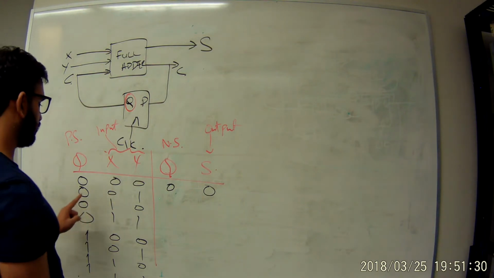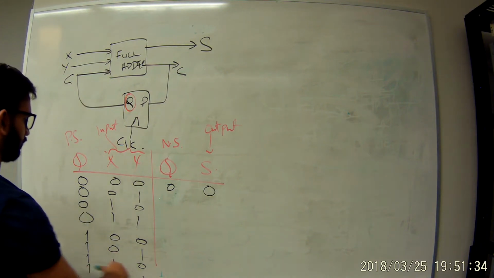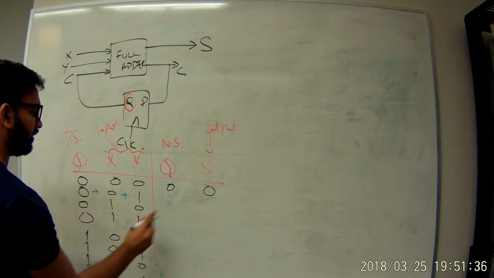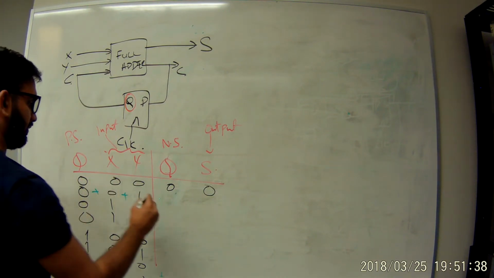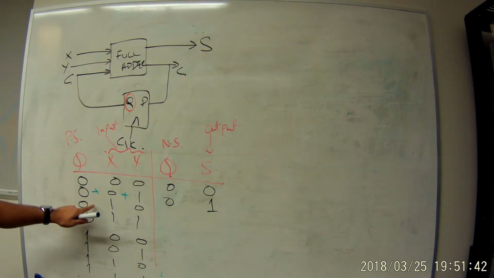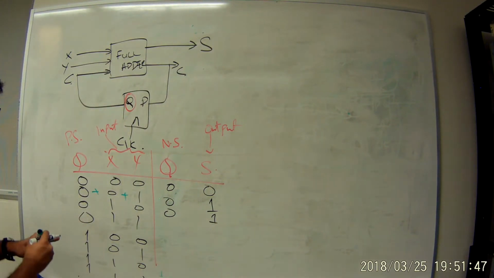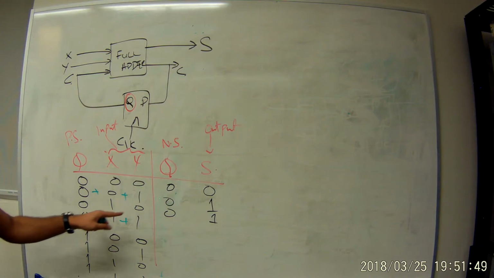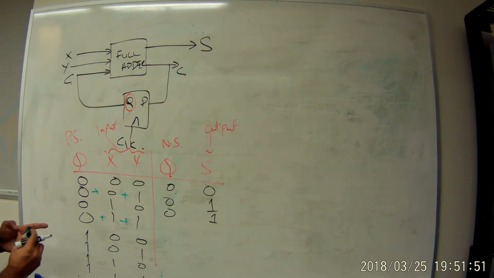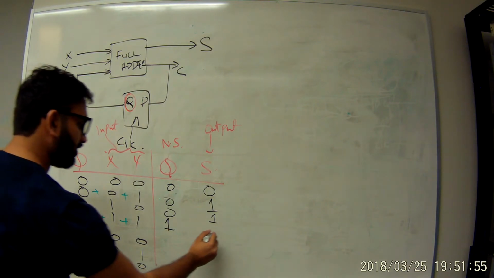Then we have 0 plus 0 plus 1. We get 0 and our sum equals 1, right? Then we have 0 plus 1 plus 0, same thing, 0, 1. And then we have 0 plus 1 plus 1, which gives us 1, 0. So that means our next carry is 1 and our sum is 0.